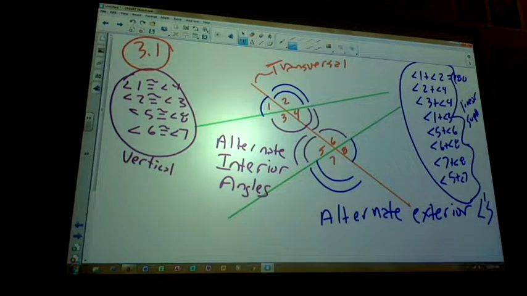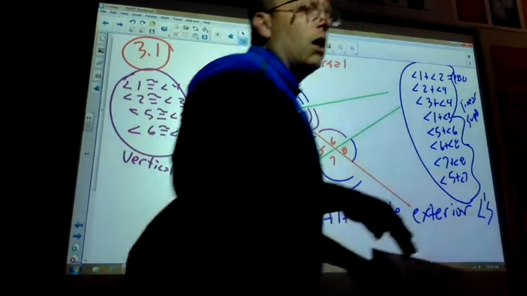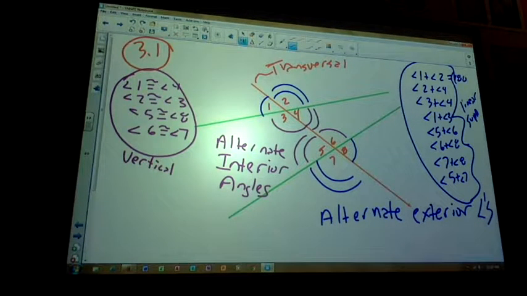Cool. So alternate interior is inside of the green lines, flip-flops over the transversal. Alternate exterior are alternating on either side of the transversal, and they are on the outside of the parallel lines.